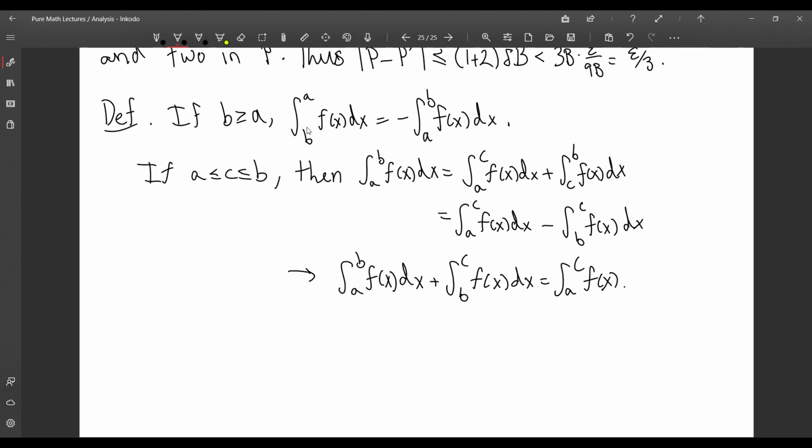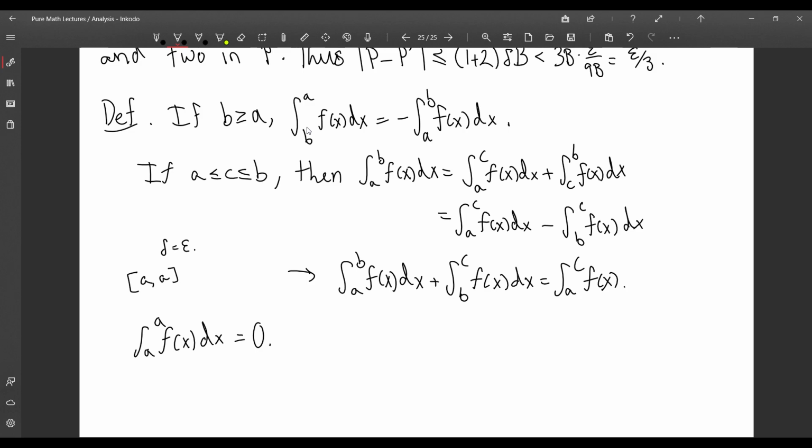Also, as a consequence of this definition, we have that the integral from a to a is 0. But really, you could have already done this with a partition. The only way you can partition the interval from a to a is just one point, and essentially you would just have to choose delta equal to epsilon, and you would get what you need.